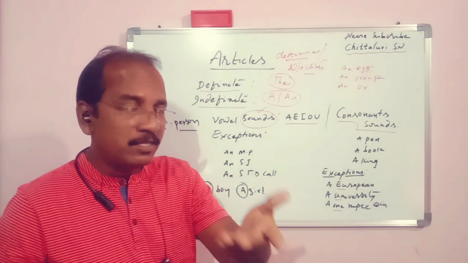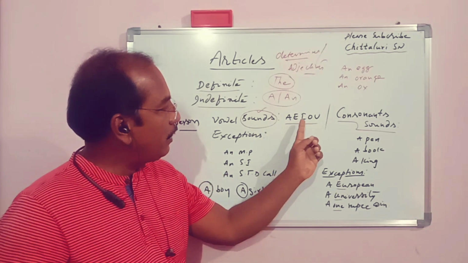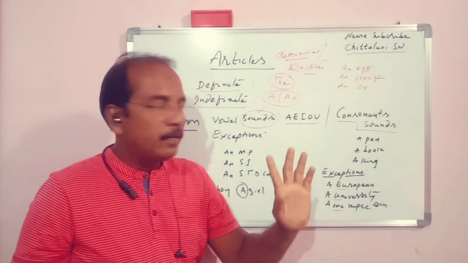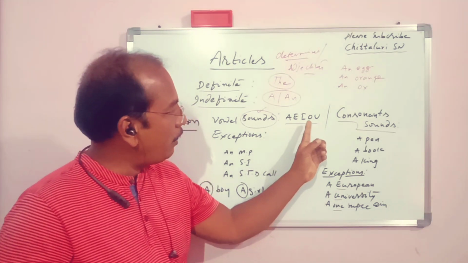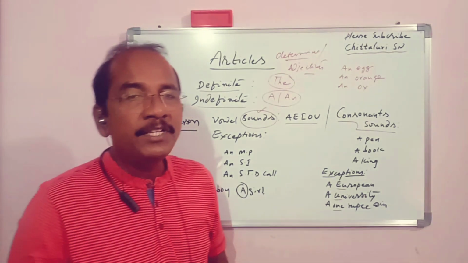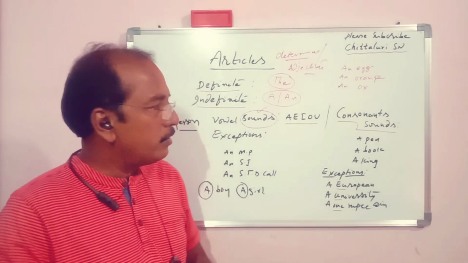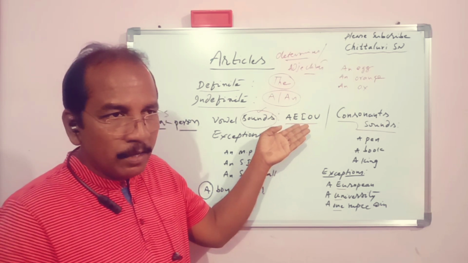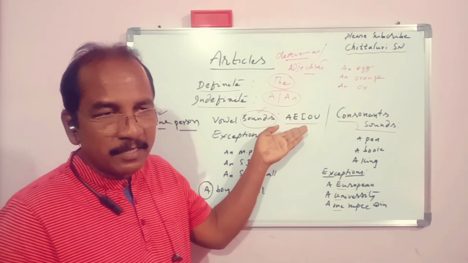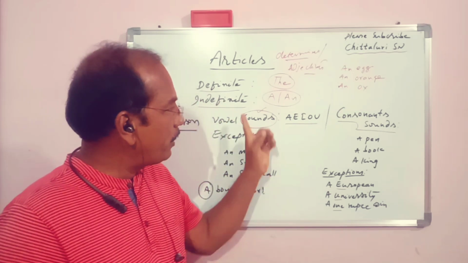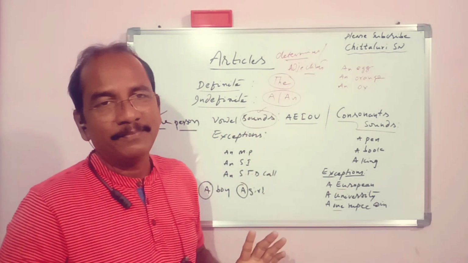What are vowels? A, E, I, O, U. These are vowels. For words which start with these letters, you are supposed to use the article a or an before them.